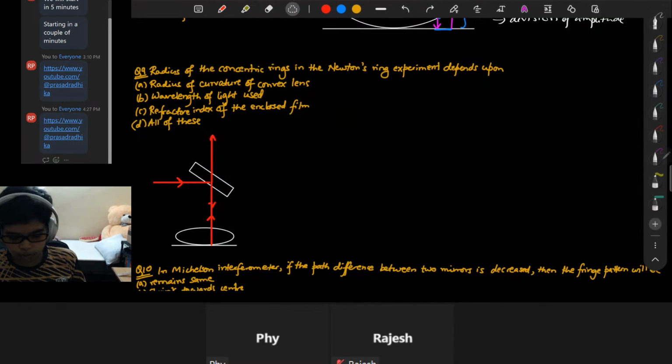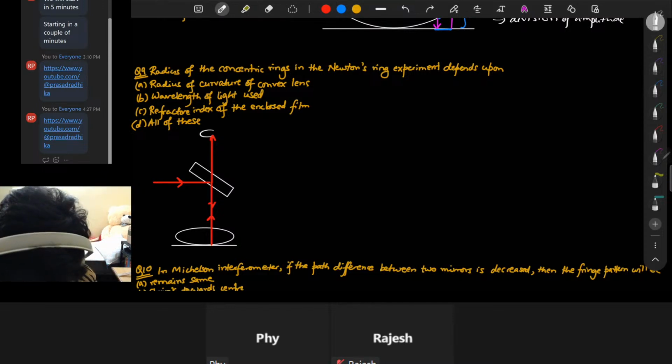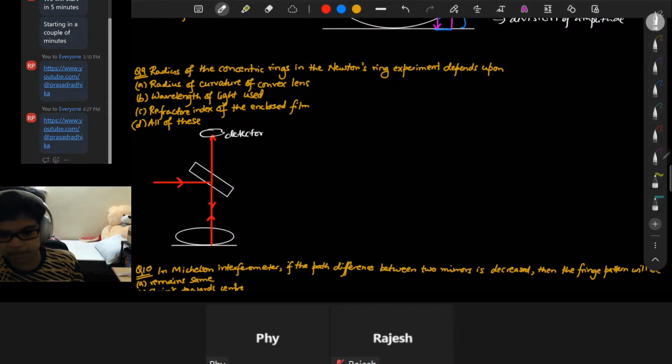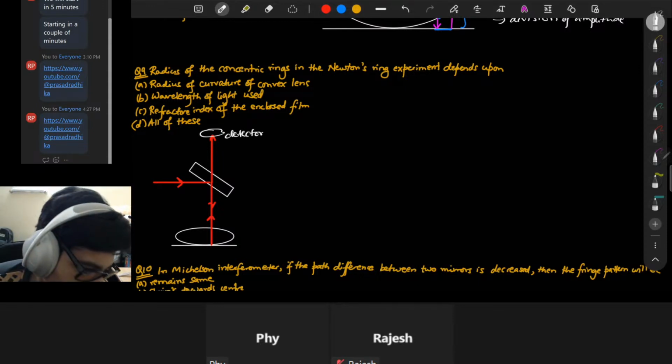Yeah, it's very thin, so I'm just ignoring the transmission and reflection inside this film, inside this beam splitting or partially silvered mirror. And then this goes to the detector. There is a detector over here. So this is the simple setup for Newton's ring experiment.